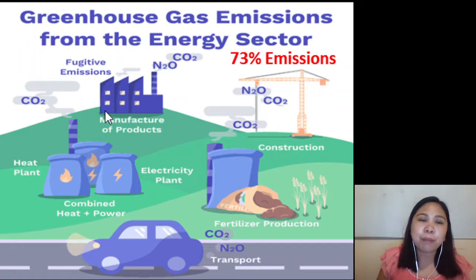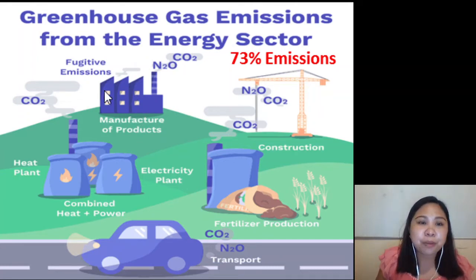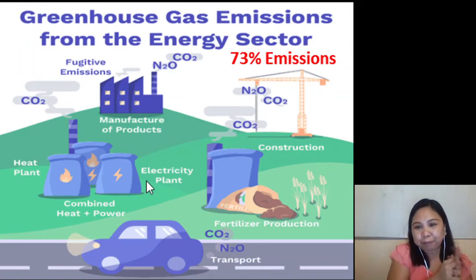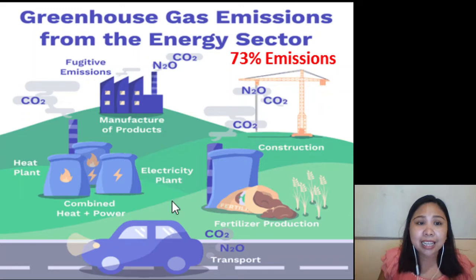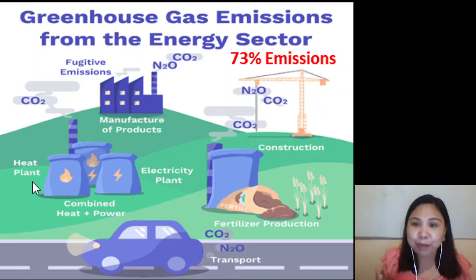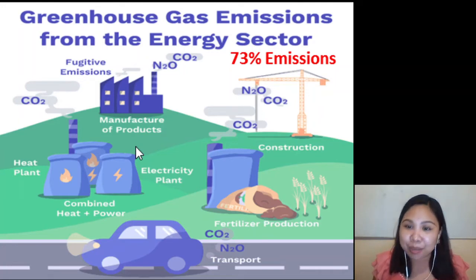So, pag-manufacture ng mga products, okay? Electricity power plant, pag-generate ng electricity sa mga thermal power plant or geothermal power plant. So, kapag kinumbine mo ang heat at ang power, it is greenhouse gas emission.